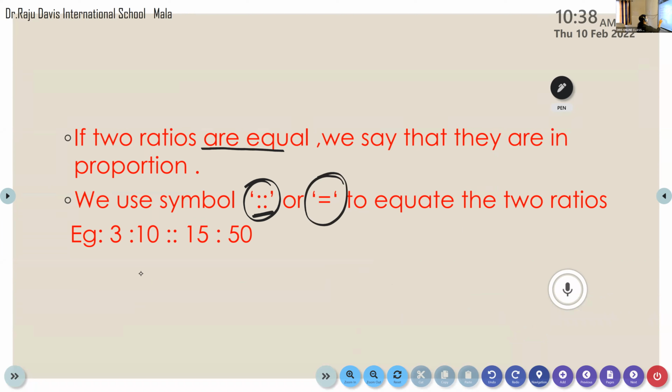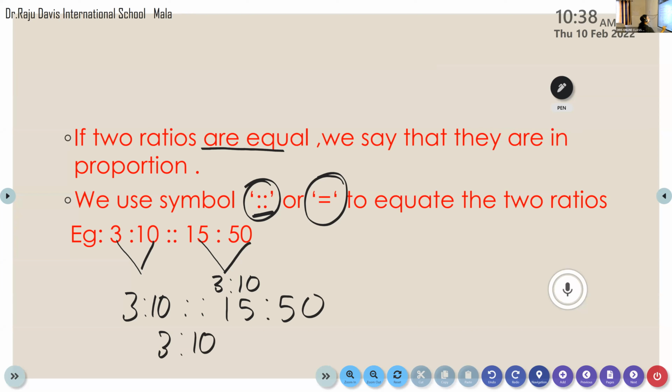Now children, this 3 is to 10 is in the simplest form. This 15 is to 50 we can simplify into 3 is to 10. That means 3 is to 10 is in proportion with 15 is to 50. Or we can say 3 is to 10 is equal to 15 is to 50. Proportional. Yes, children.